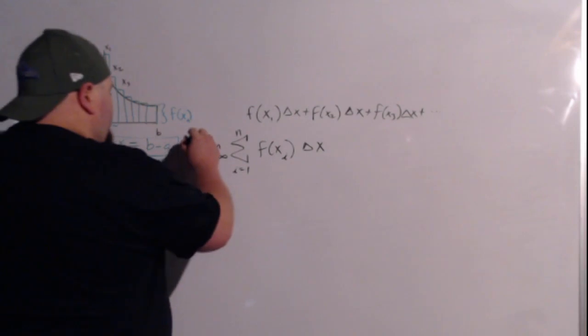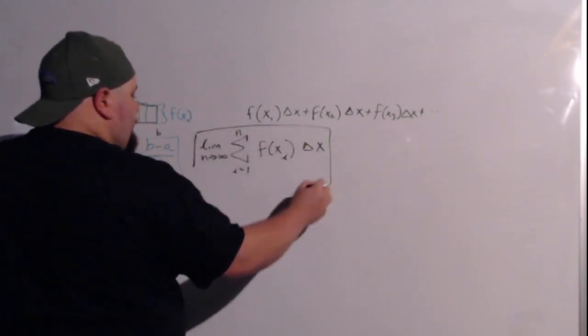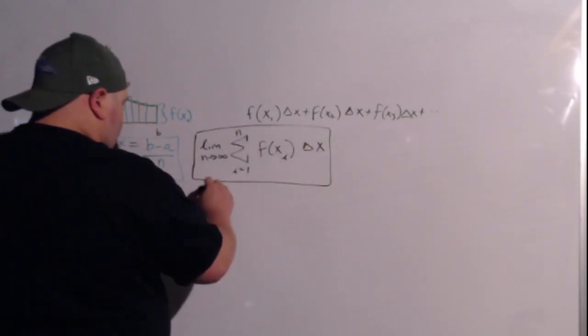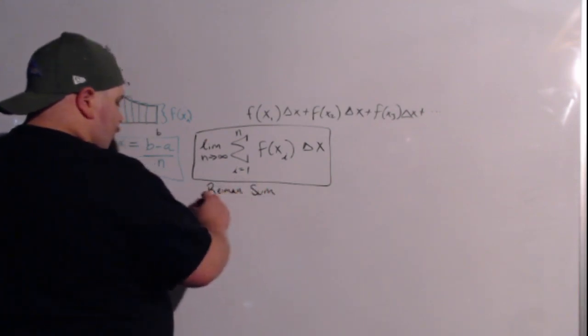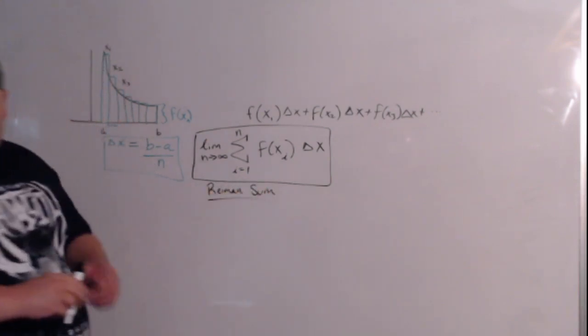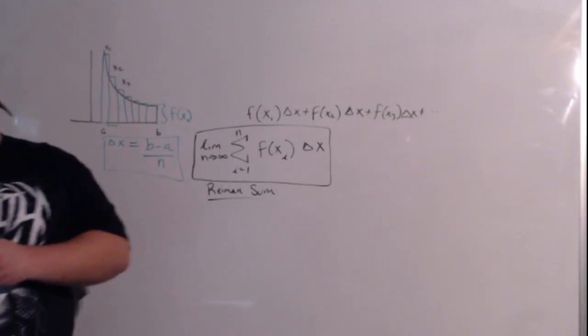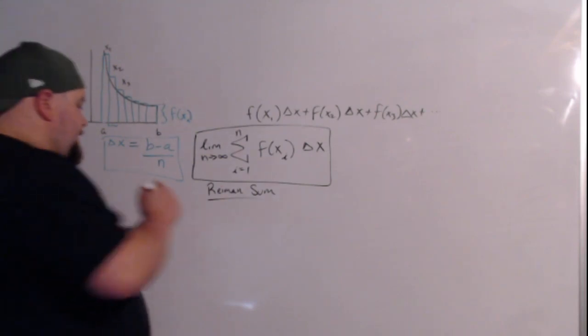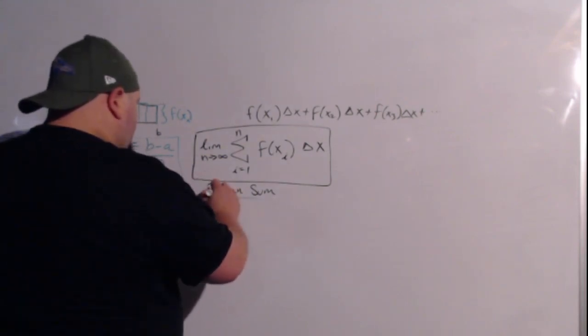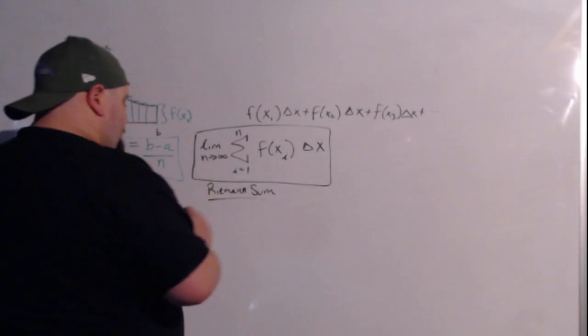This is called the Riemann sum. Make sure I spelled his name right there. Nope, IE, and 2 N's. So Riemann sum.